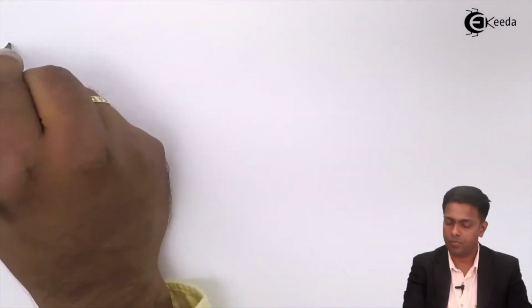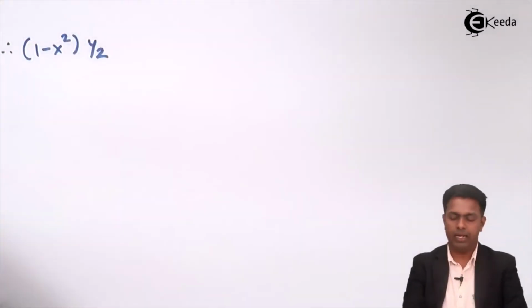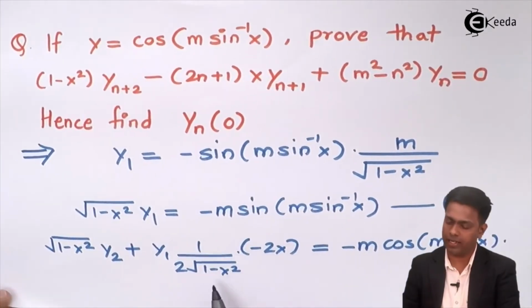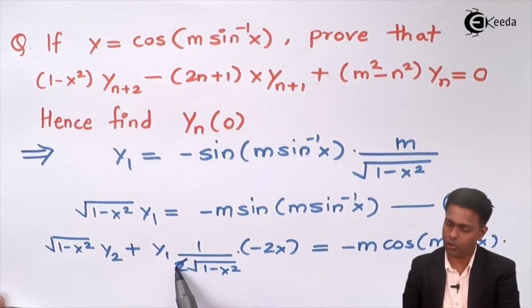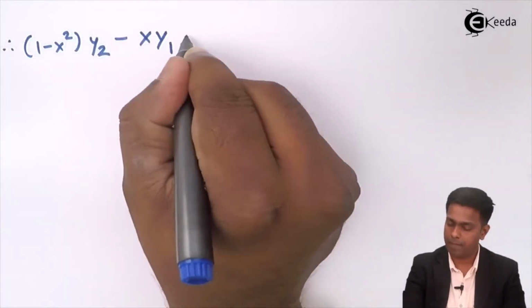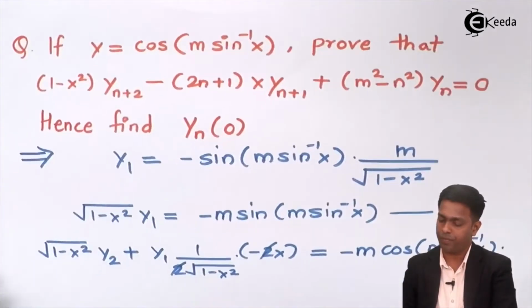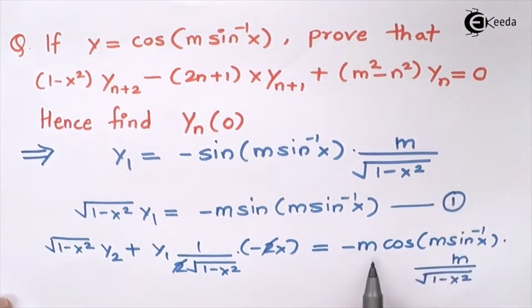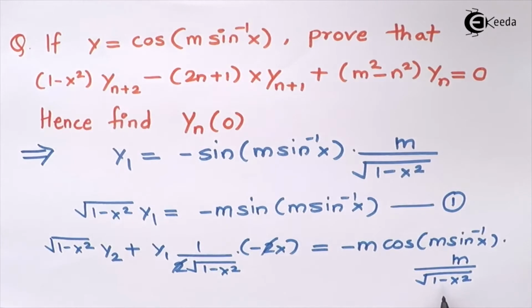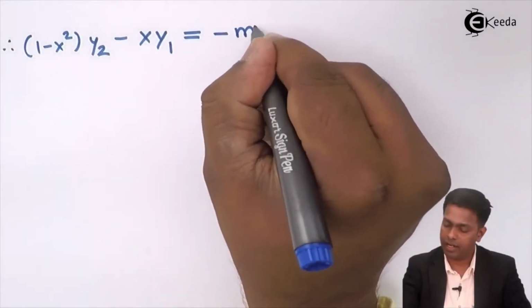Next, if I multiply this second term with under root 1 minus x square, then this will be cancelled, also 2 and 2 cancelled. So here we'll get negative xy1 equal to, here, minus m cos of m sin inverse x into m upon under root 1 minus x square. I'll multiply this with under root 1 minus x square, so this under root will be cancelled and this m and m will become m square. So we will get negative m square.